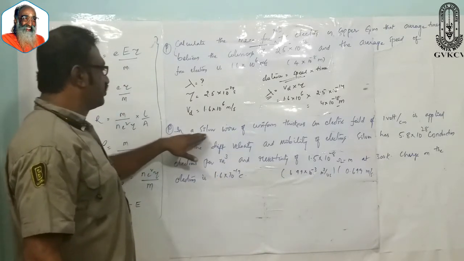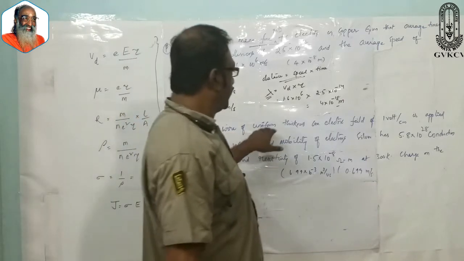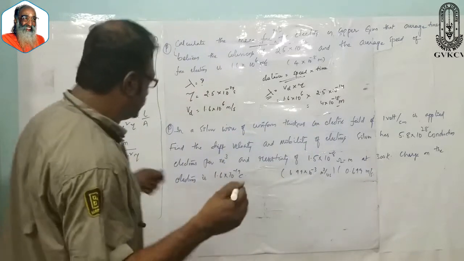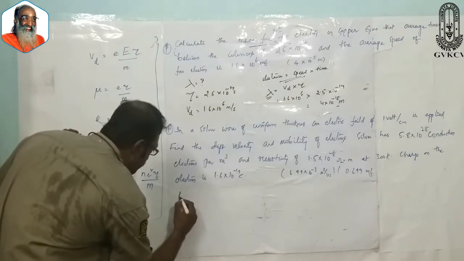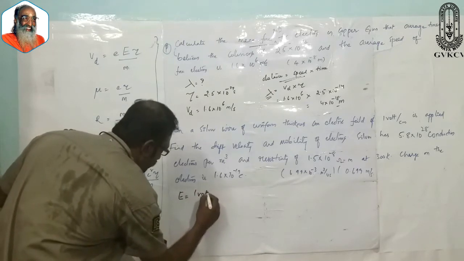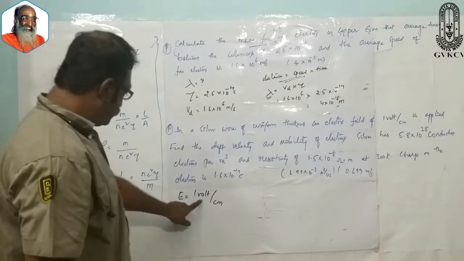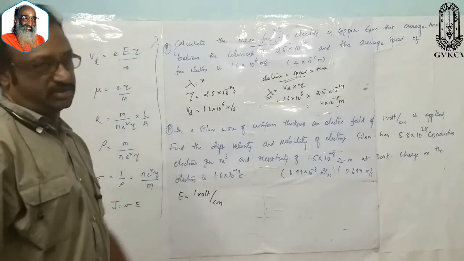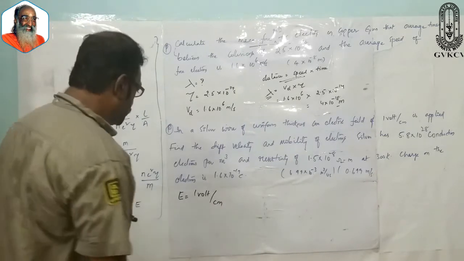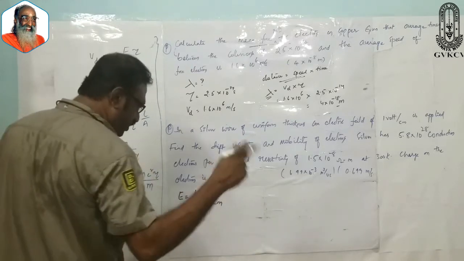In a silver wire of uniform thickness, an electric field of 1 volt per centimeter is applied. We generally go with the SI system, isn't it? It should not be centimeter, it should be converted to meter.